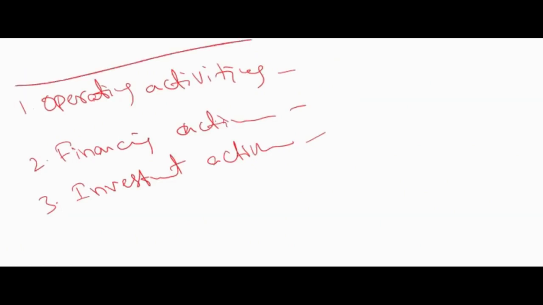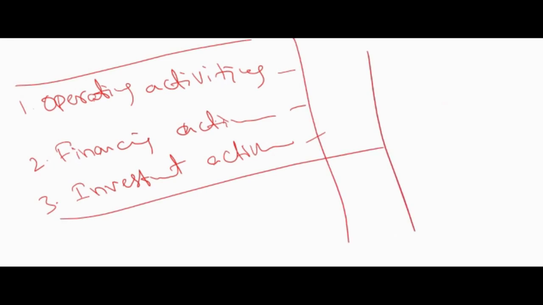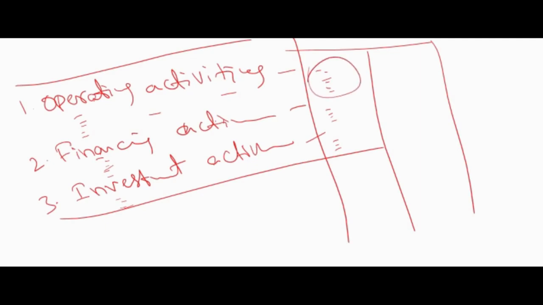So this is how you generate it. You will have three rows. In the first row you will give operating activity details. In the second you will give finance, and the third is investing activities. For all these you will have different values that we have seen in previous slides. So the final value for operating activities is 800, right?